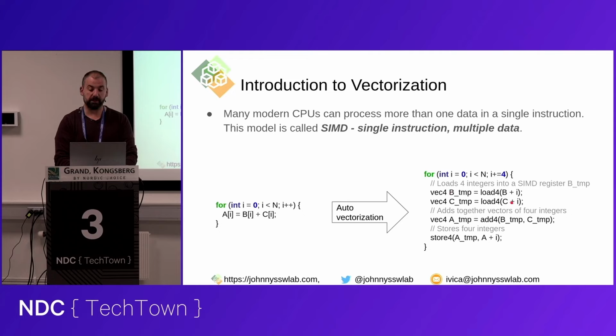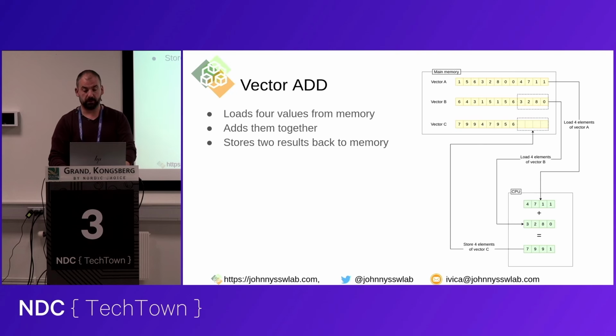From address c plus I, we are loading again 4 values, putting them into c temp. These are four simultaneous loads with one instruction. Then we are adding together b and c. And finally, we store 4 values to address a plus I. So this is the essence of vectorization, and everything else builds on top of this.